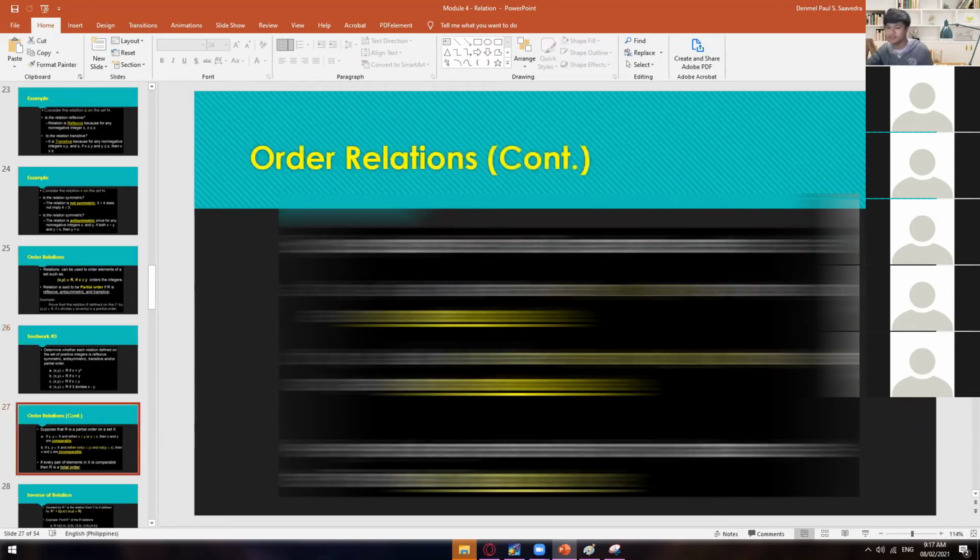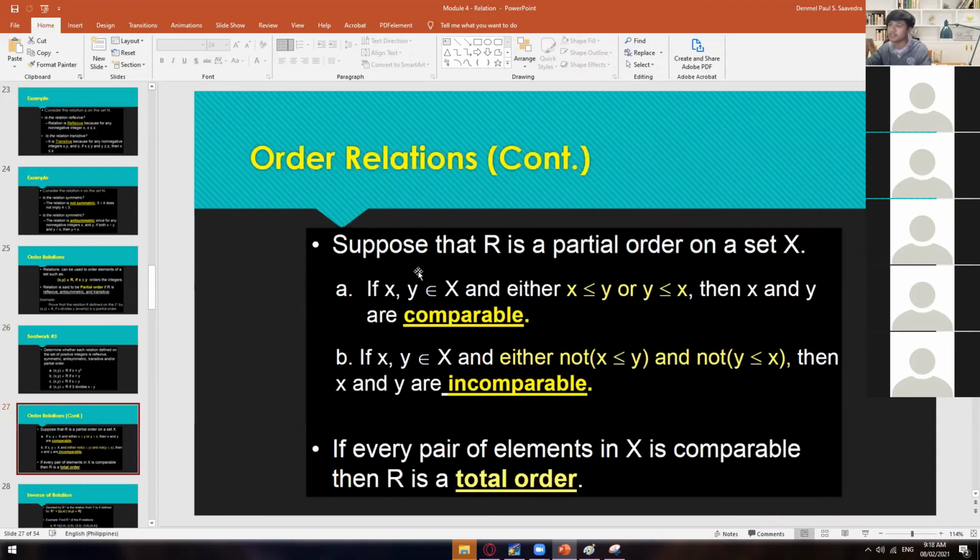Let's move on to the order relations. Suppose that R is a partial order on a set X. If x and y are elements of X and either x is less than or equal to y or y is less than or equal to x, then x and y are comparable. Vice versa, if we don't have that condition, xy and then yx, then that one is incomparable.